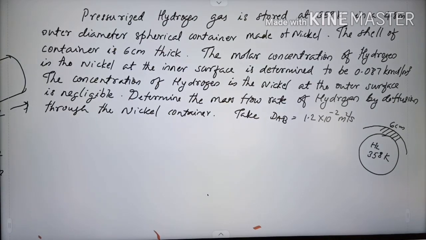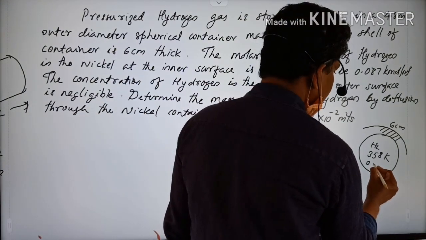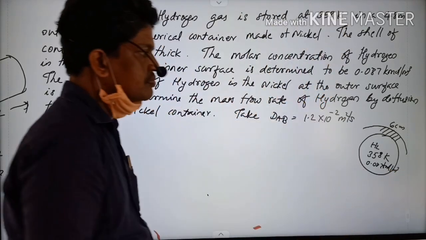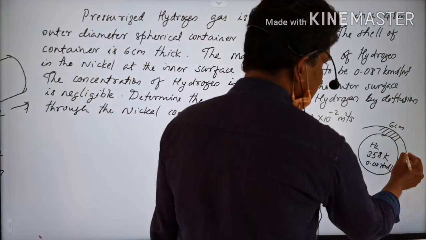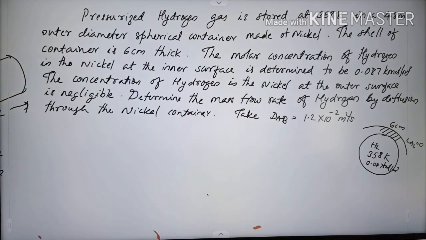The molar concentration of hydrogen in the nickel at the inner surface is determined to be 0.087 kilomole per liter. The concentration of hydrogen in the nickel at the outer surface is negligible. So here at the outer surface the concentration is 0. Determine the mass flow rate of hydrogen by diffusion through the nickel container.